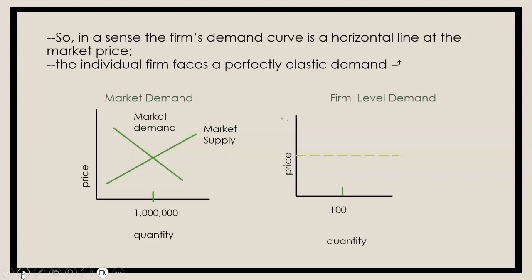Well, now is the later in the course. The individual firm faces an infinitely elastic supply curve. They can sell any quantity they want because they're so small compared to the rest of the market, but they can only sell it at the price determined by market supply and demand.